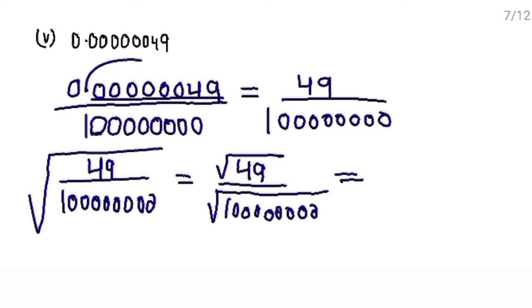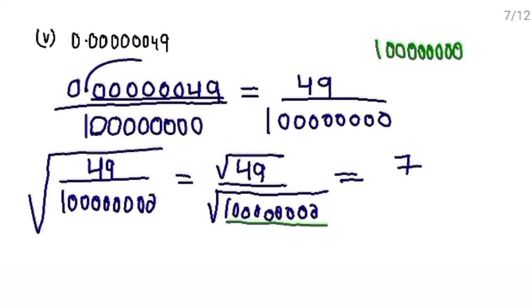You already know the square root of 49 is 7, 7 sevens are 49. From the pair you will take 1, so you will get 7. Square root of 49 is 7. Now as I said, what will you do? You have 1 and you have 8 zeros.